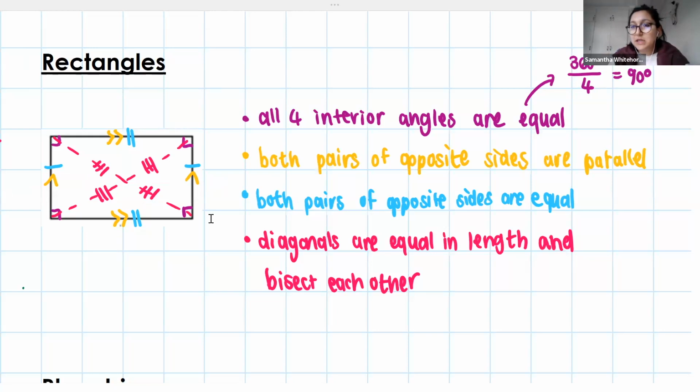All right, I'm just going to double check the chat and make sure I haven't missed any characteristics. Seems not. So take your screenshots here of the rectangle. So guys, hopefully what you see here is that a rectangle is a special type of parallelogram where all 4 interior angles are equal to each other.